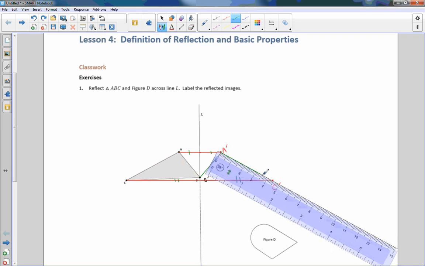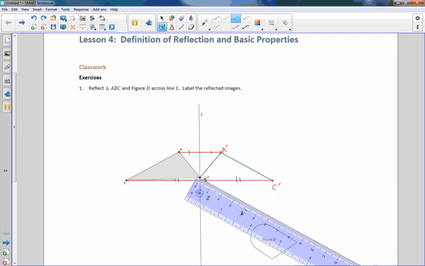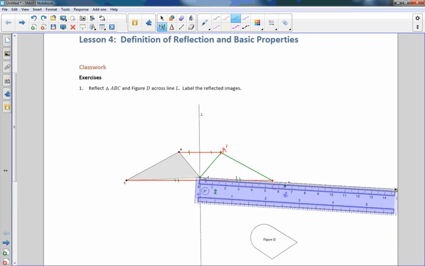and draw a line from A prime to C prime, and then finally put my ruler right down here at B, not 0. And now here's where it gets a little tricky. My ruler is jumping right there.